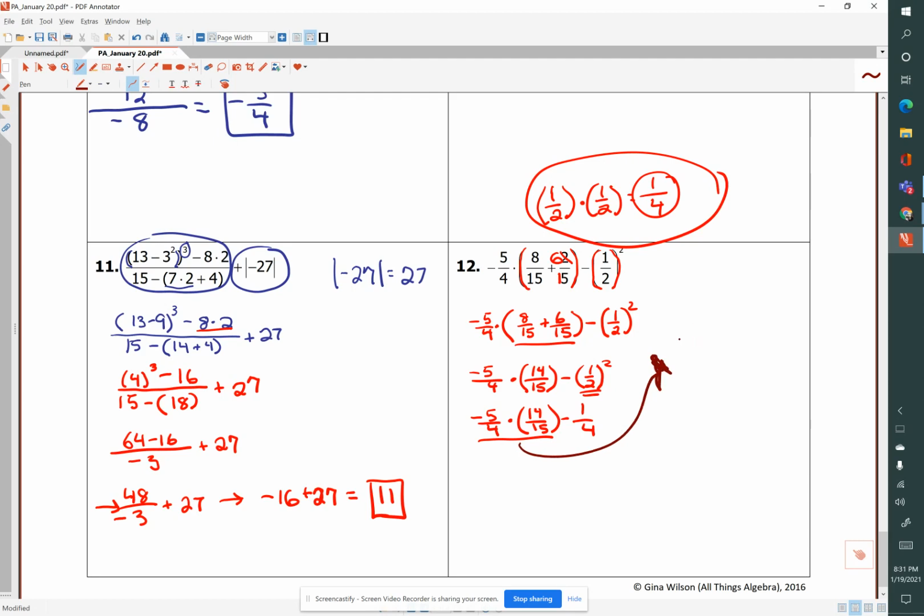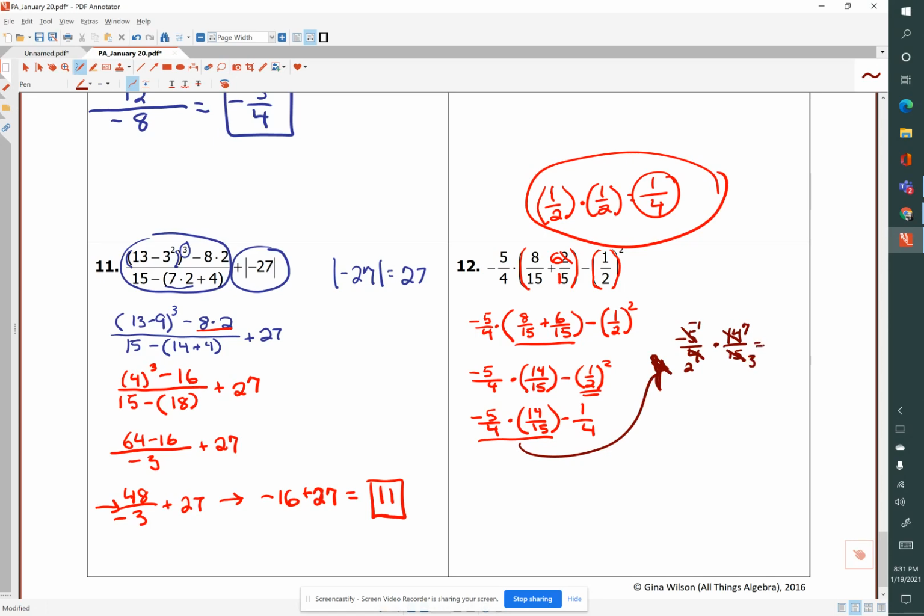So that would be -5/4 times 14/15, and 14 and 15 can each be divided by 2, which we will do, and 5 is a factor of 15, so 5 divided by 5 is 1, 15 divided by 5 is 3, and this is still a -1.